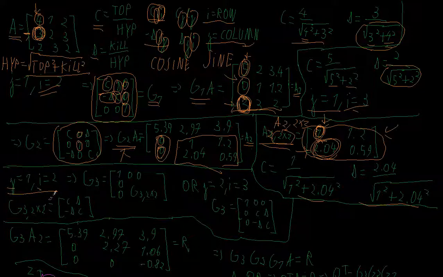So J would be 1, I would be 2, and then we build our Givens rotations inside the submatrix, and then we do like with the Householder transformation, that is, we fill in the remaining elements with 1s in the diagonal and 0 elsewhere, so that the dimensions match again with the original dimensions of A. Okay, here A is a 3 by 3 matrix originally, so we need to have a 3 by 3 matrix as a Givens rotation. So if we only consider the submatrix, we have a 2 by 2 matrix, and so we need to fill in the rest. Okay, so 1 here and 0 here.